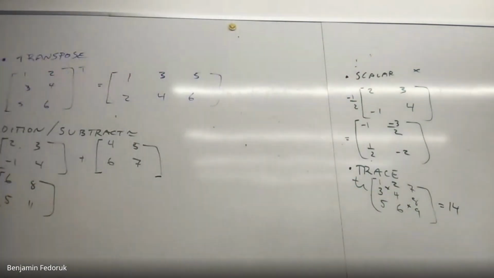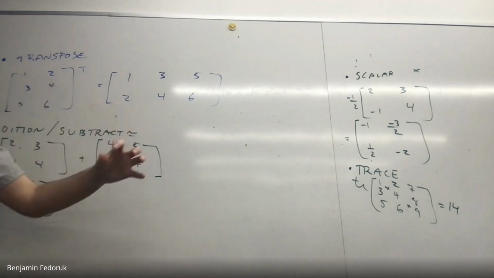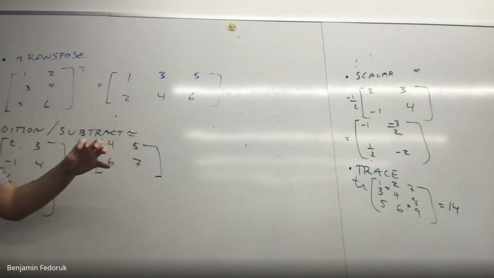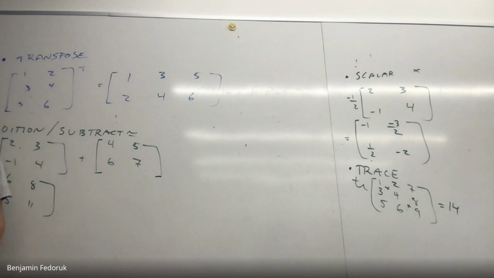Now, when you're seeing operations like these, one of the key things to think about is what the inputs are, if you're thinking in computer science terms, and what the outputs are. When we take the transpose of a matrix, we take in a matrix and output another matrix, but the size changes.